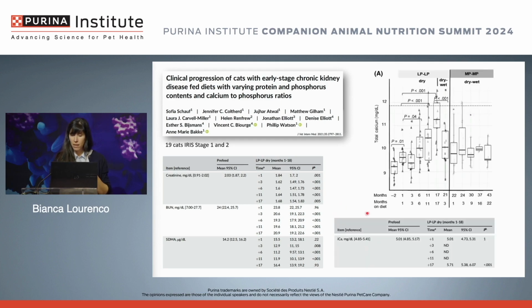However, over time, these cats developed both total and ionized hypercalcemia while being fed that highly phosphate-restricted diet. These cats were then transitioned to a more moderate phosphate-restricted diet with a lower calcium to phosphate ratio and ended up having a resolution of both their total and ionized hypercalcemia.